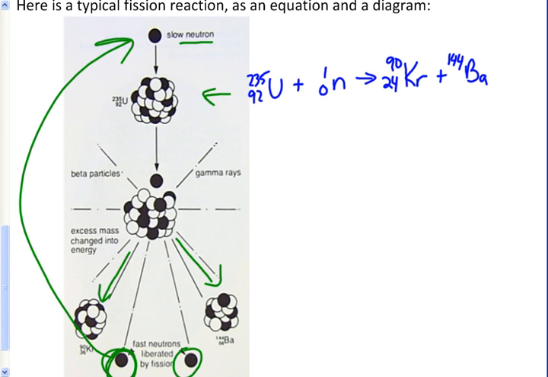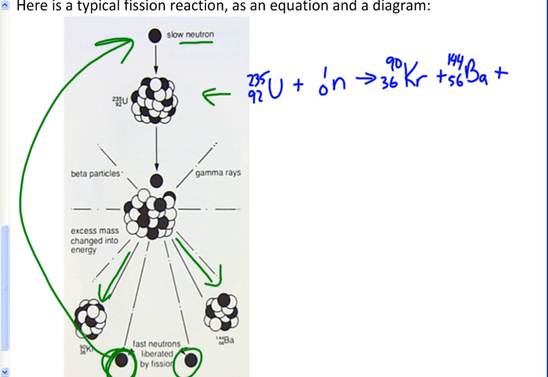Well, let's check it because it's going to be the same on the periodic table. Oh, Kr is 36. Sorry, guys. Let's just wait a second. So this will be 36. What's barium? 56. Okay.